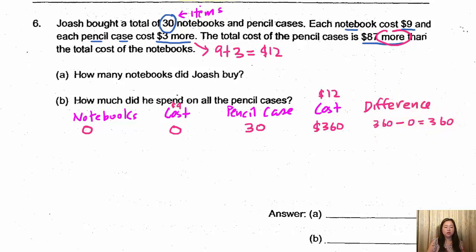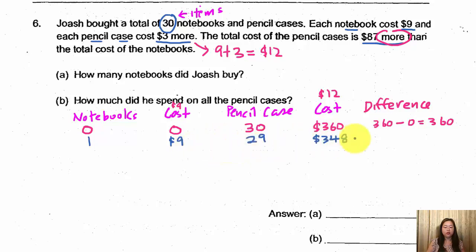So let's move on to the next row, where right now there will be 29 pencil case and 1 notebook. To buy 1 notebook, it will cost $9. And to buy 29 pencil case, we just have to use 360 minus 12, because now you're buying less pencil case, and this will be 348.